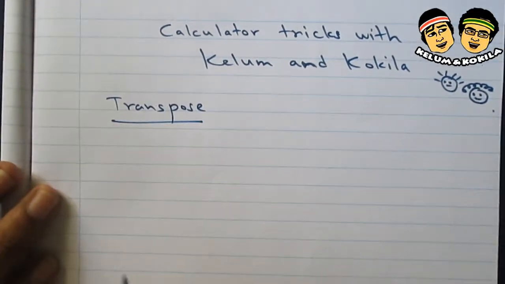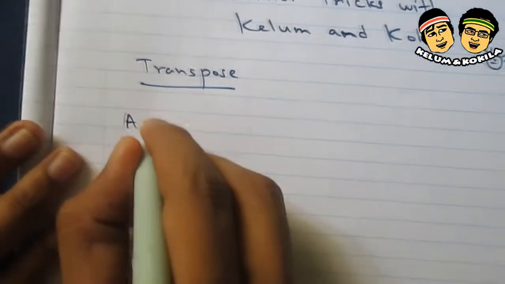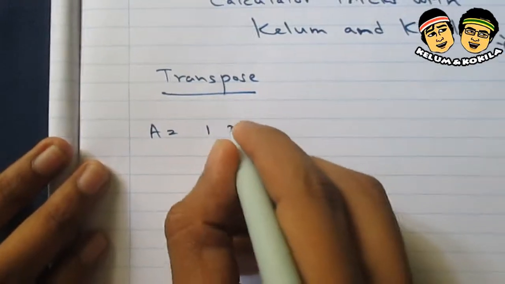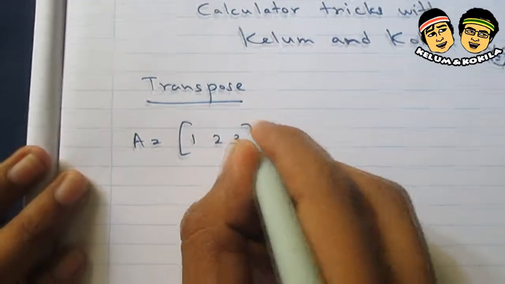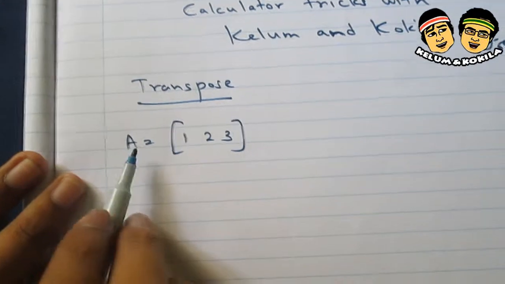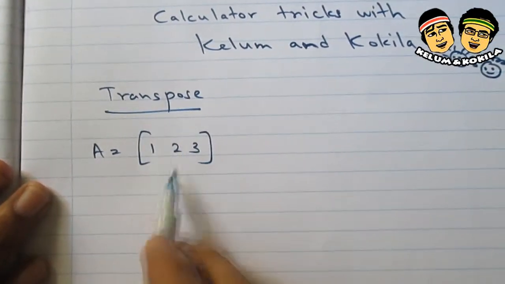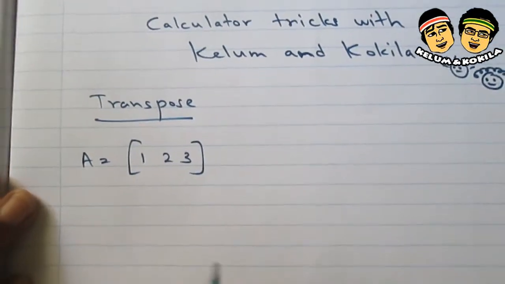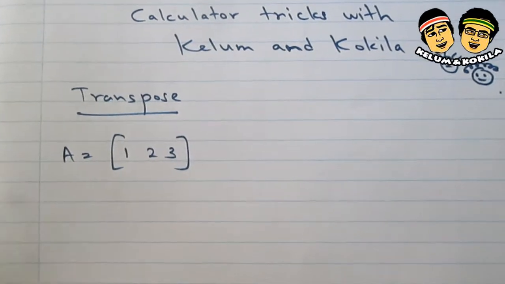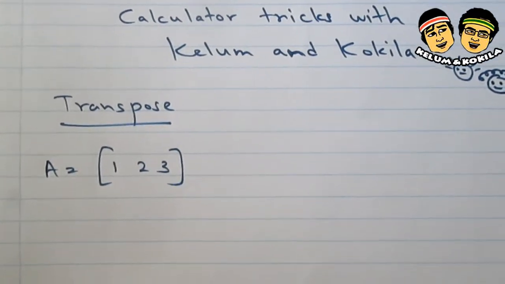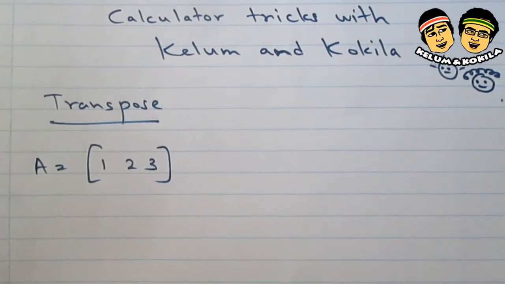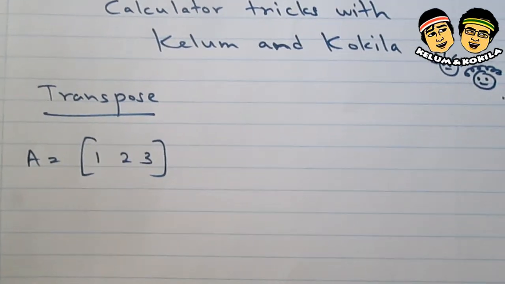Right. So if we take a matrix like A and say it's 1, 2, 3. So this is a simple matrix. It has only one row and 3 columns. So in a transpose, the transpose is formed by turning all the rows of a given matrix into columns and vice versa.